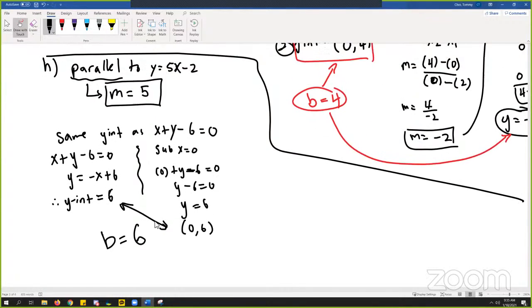Once we have that down, we can plug it into our formula, y equals mx plus b, and y is equal to 5x plus 6.